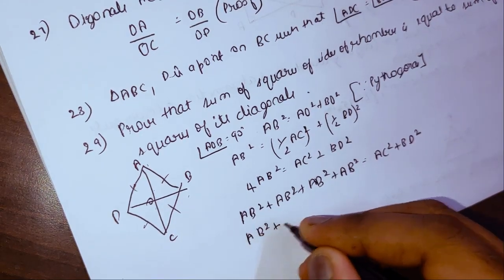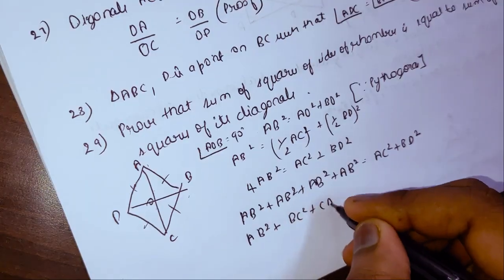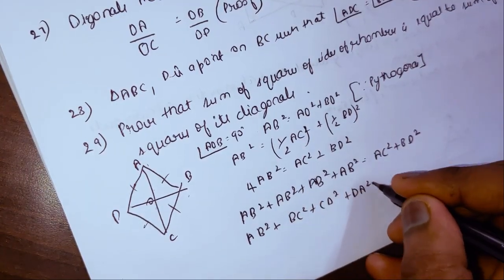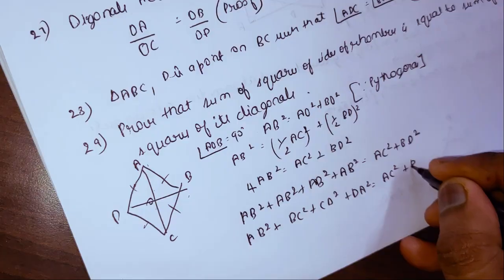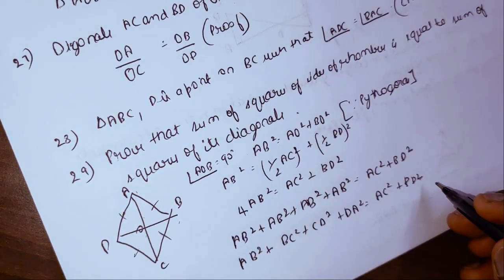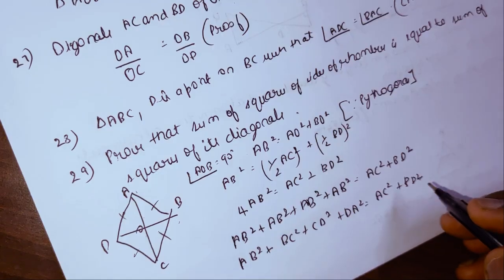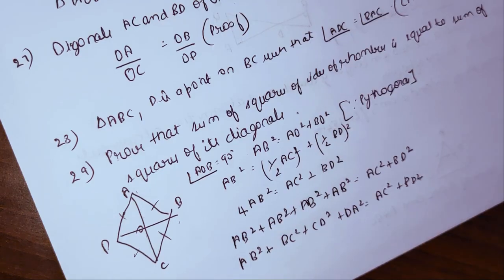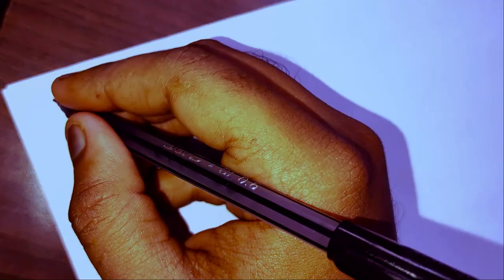AB square plus BC square plus CD square plus DA square is equal to AC square plus BD square. This is because it is given in the question all the sides of a rhombus are equal. We will move into 30th question.